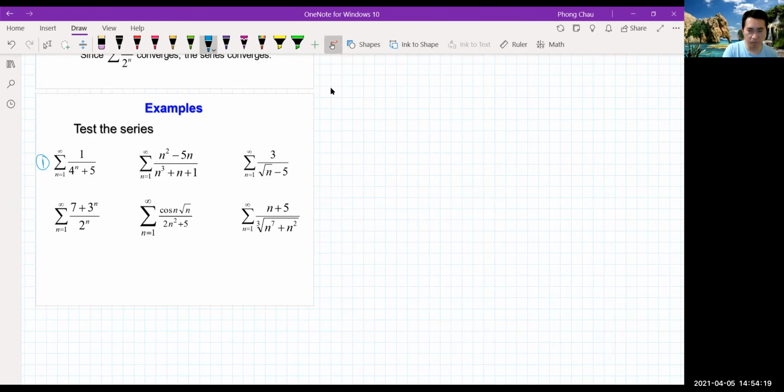Again, how do we come up with the series to test? The one that's the b sub n. Okay. Drop the 5. It's 1 over 4 to the n. That series, you do know this. What series is it? 1 over 4 to the n. That one is a geometric series.